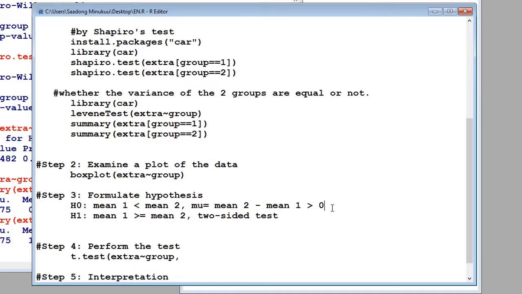We could say, for instance, that the difference between mean 1 and mean 2 should be, let's say, 5. Let's assume that mu, the difference between these two, should be equal to 5.